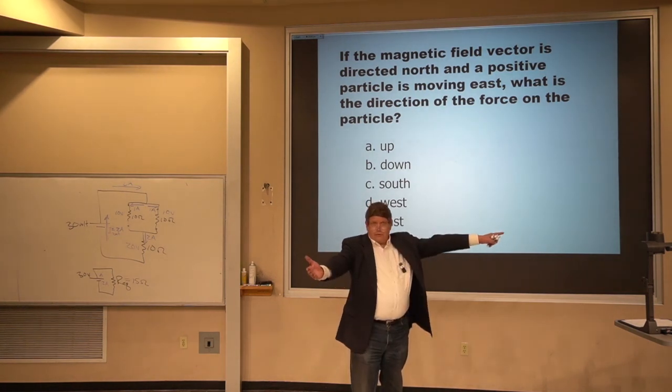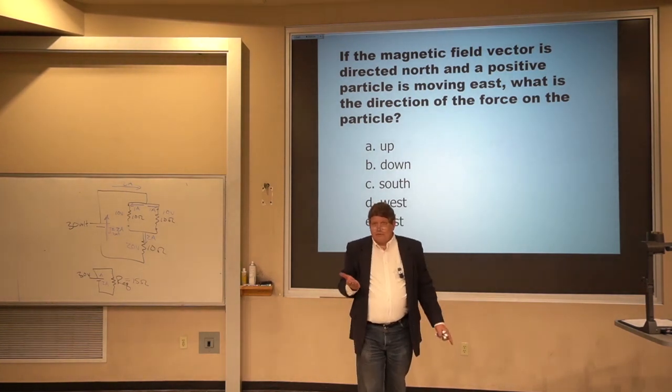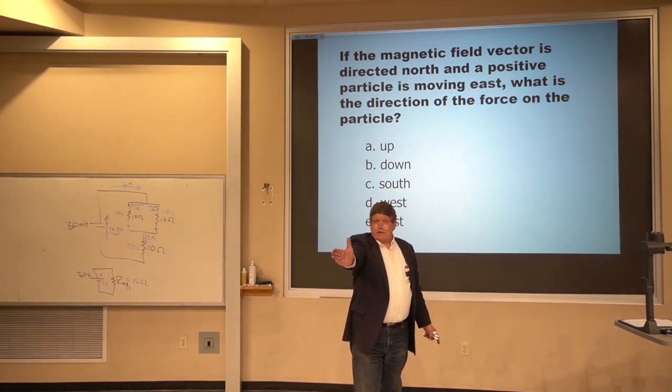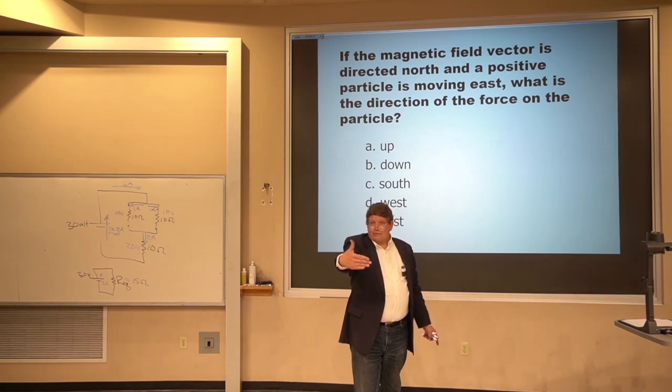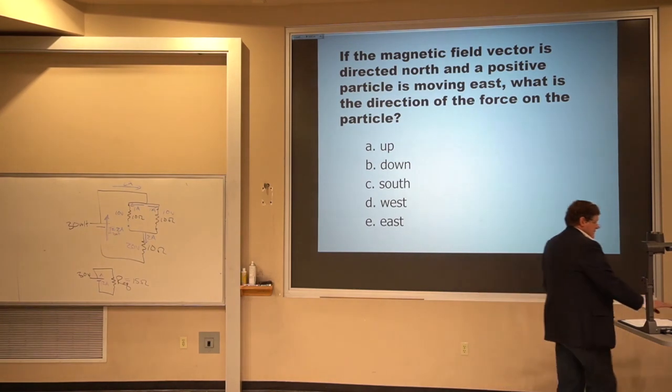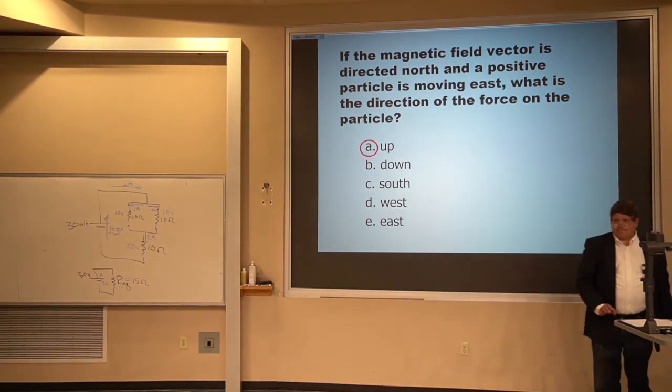That's towards the open door there. So I reach in the direction towards the back of the room, east. I turn my wrist so that I can wave in the direction north. And my thumb is pointing up towards the ceiling. And that's the direction of the force on a positive charge. And we're told that it is a positive charge. And so the answer would be up.